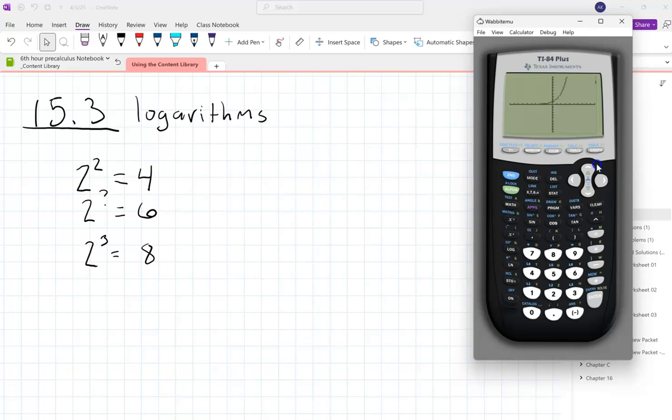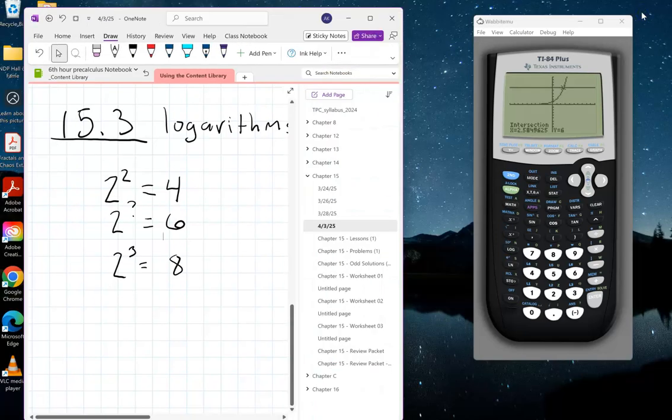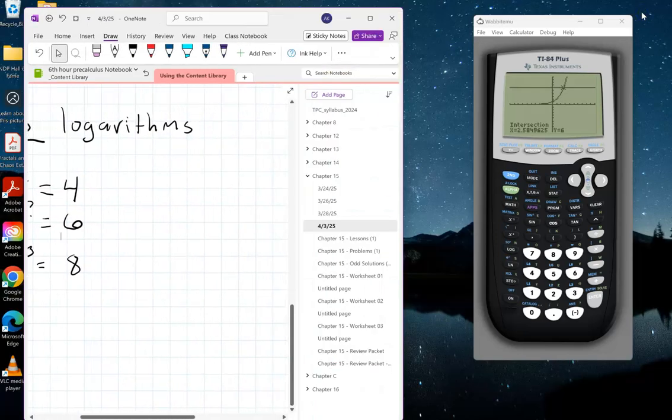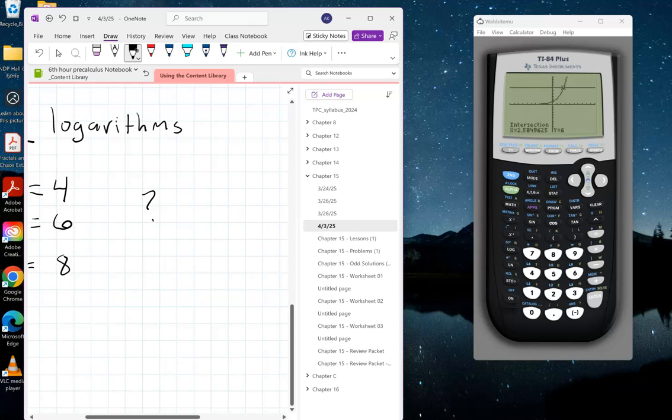So if I do that, there's my intersection. So second trace, intersect command, enter, enter, enter. And I'm going to get that decimal. Let me just do that so I can look at it at the same time.